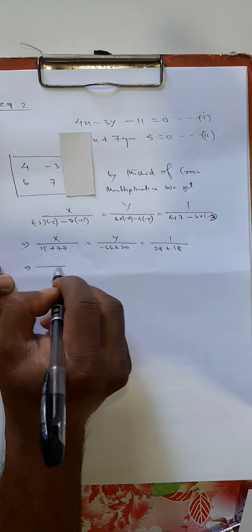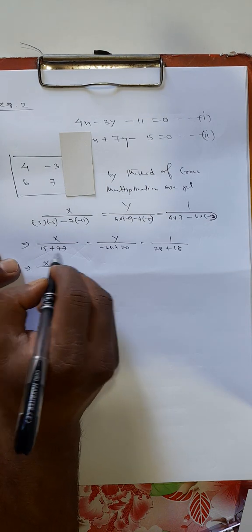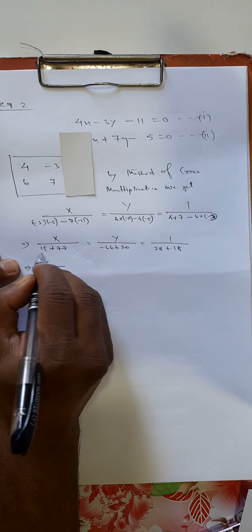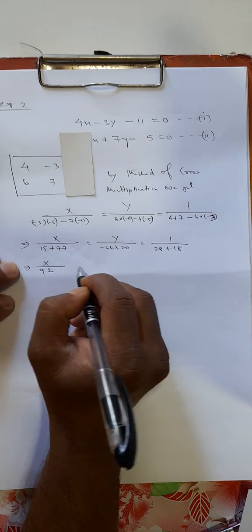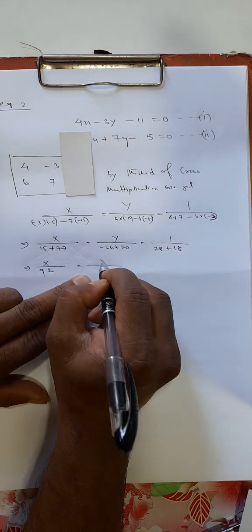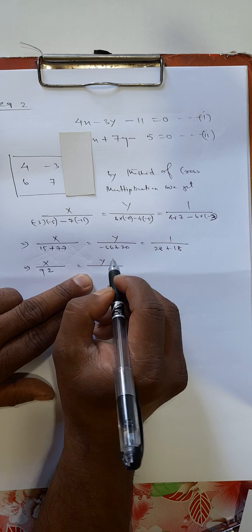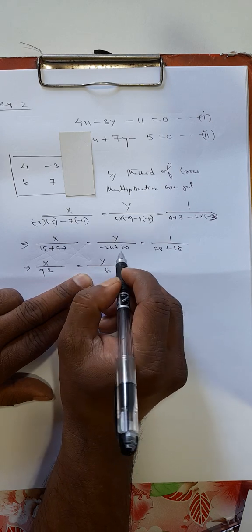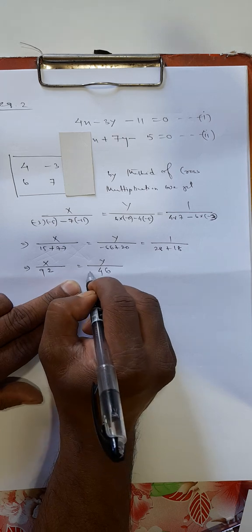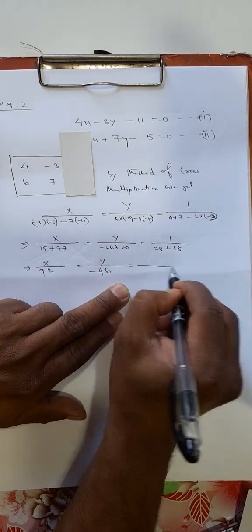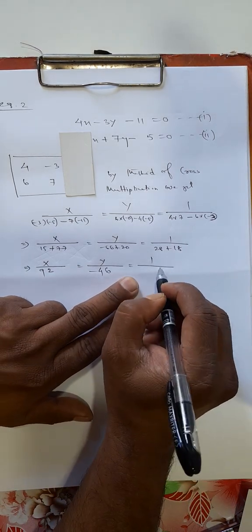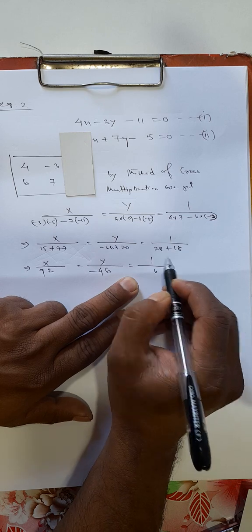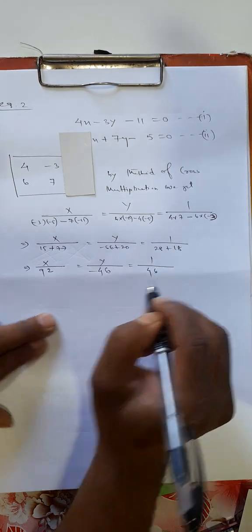Further simplification, you can get x by 92, y divided by minus 46, 1 divided by 46.